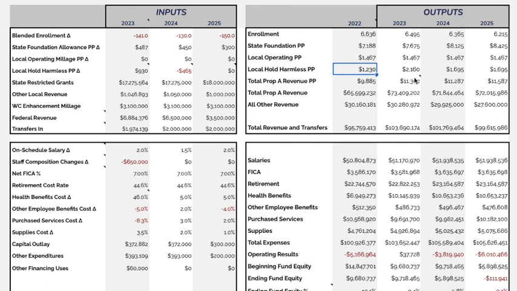I'm going to skip ahead to 2024 to show that in a normal operating state, the local hold harmless revenue would be $1,695 per pupil.